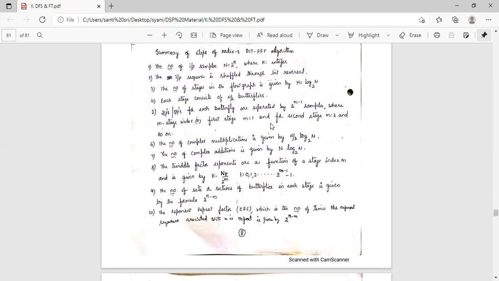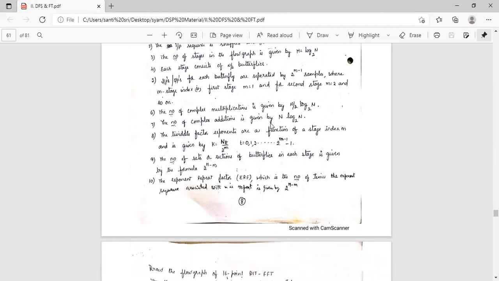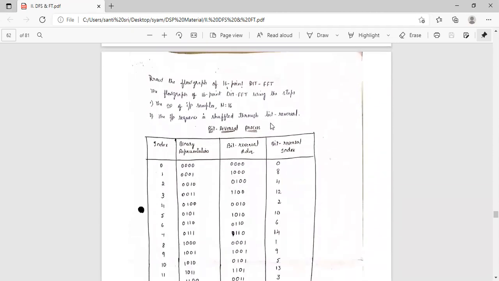The exponent repeat factor, ERF, which is the number of times the exponent sequence associated with the stage is repeated, is given by 2 power m minus m. That is the summary of the decimation in time FFT algorithm.